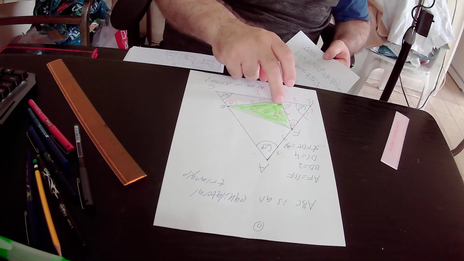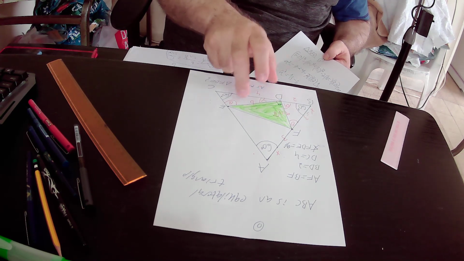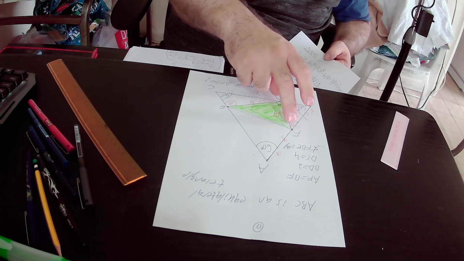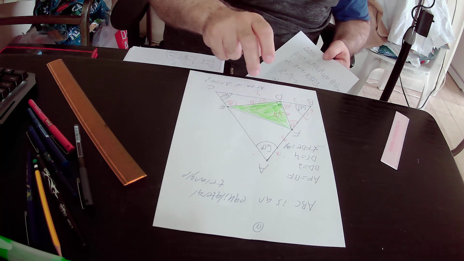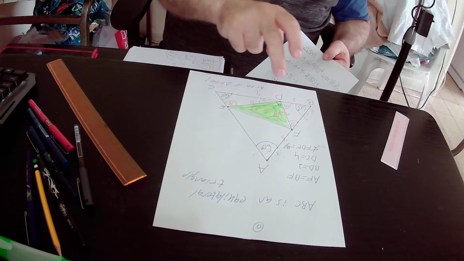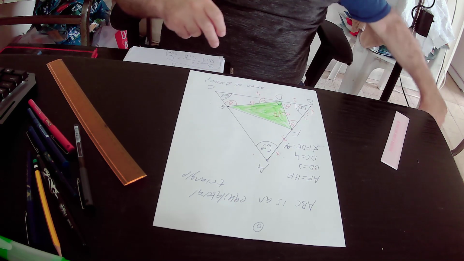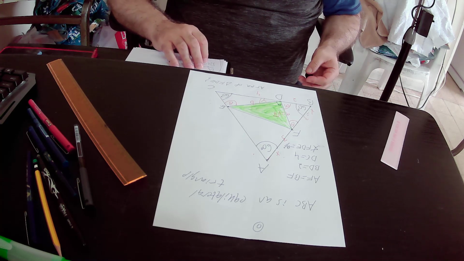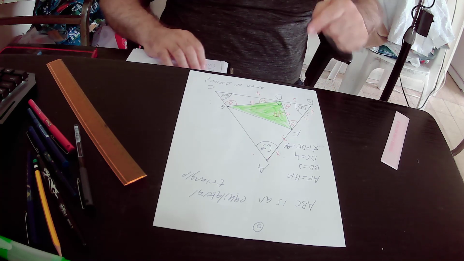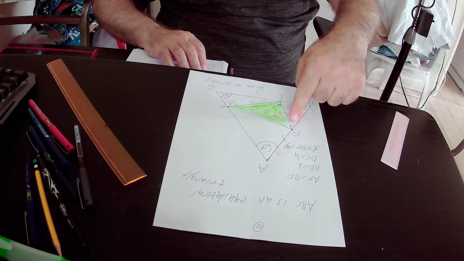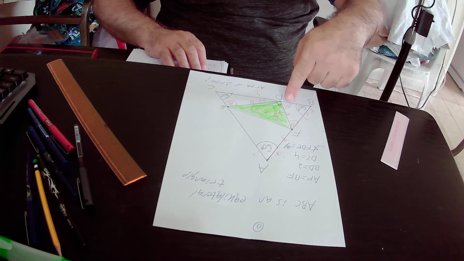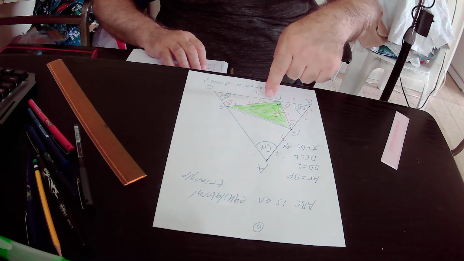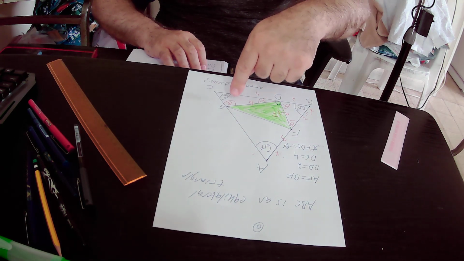This angle is 90 degrees, so B is the base and the height is A, because it creates 90 degrees with the base. Okay, so in the next step we defined angle BFD as theta, angle BDF as alpha, angle CDE as gamma, and angle DEC as beta.